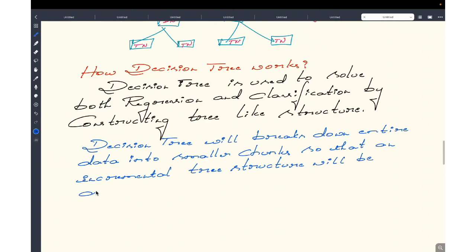It takes the data and starts breaking it down into smaller and smaller sections so that an incremental tree will be developed.